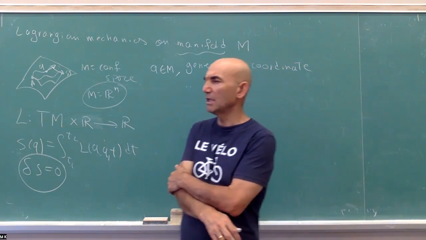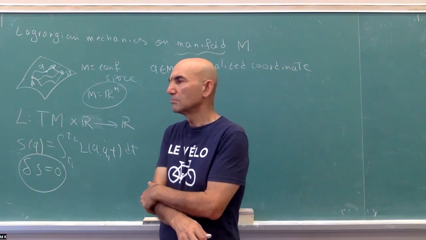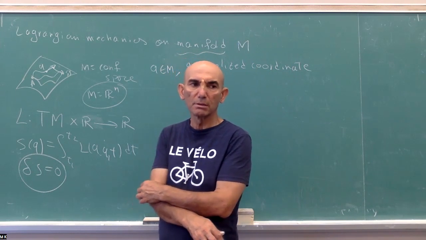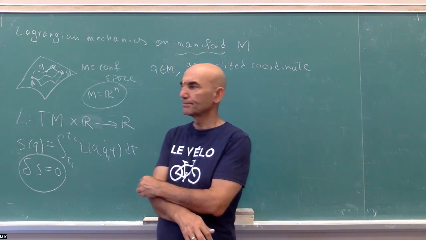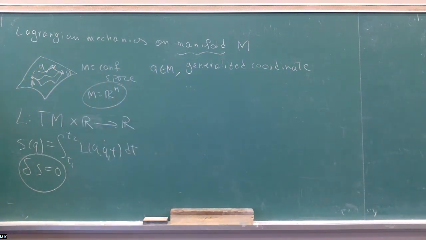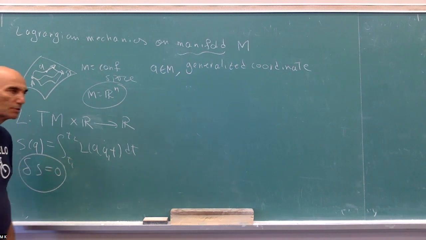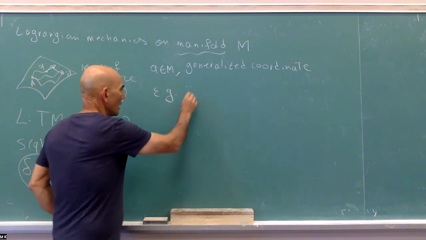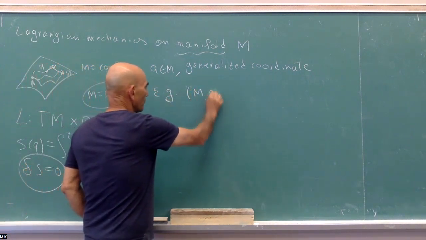We have to think about it a little bit: why these equations are independent of the choice of coordinates. I don't want to get into that. That goes too far in different directions, but it can be done. So here's a special example. M, g is a Riemannian manifold.